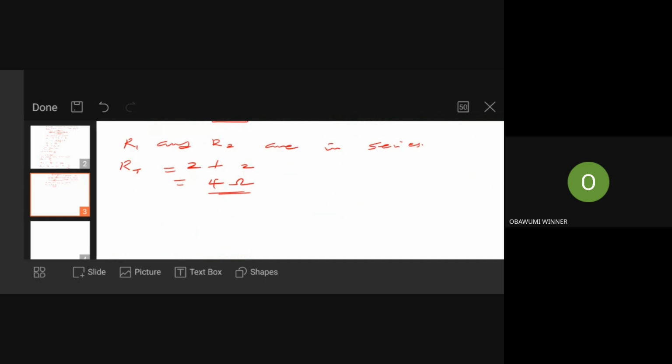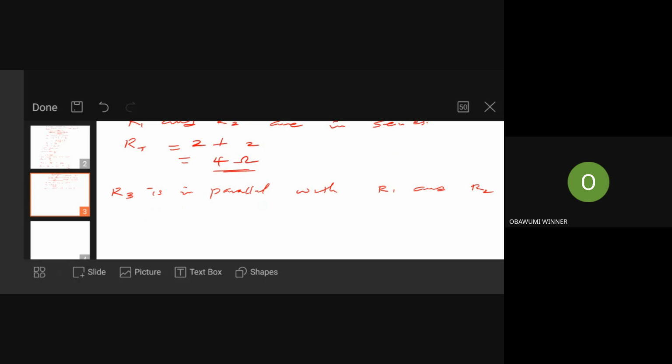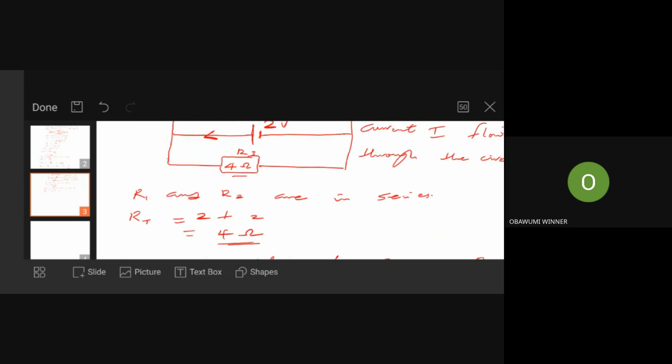So I can say R3 is in parallel with R1 and R2. Since I've gotten the effective resistance for R1 and R2, I can now calculate them in parallel, so 1 over RT becomes 1 over 4, which is the effective resistance for R1 and R2, plus 1 over 4 again, where this 4 is the resistance of the R3 right here.